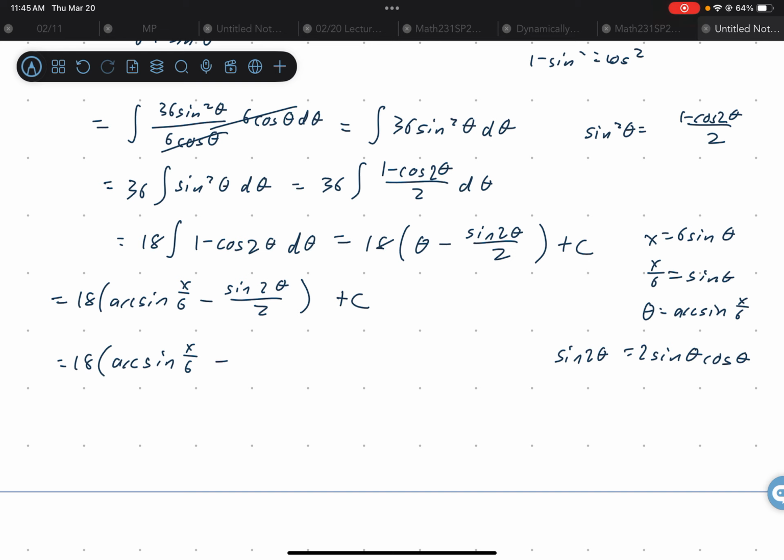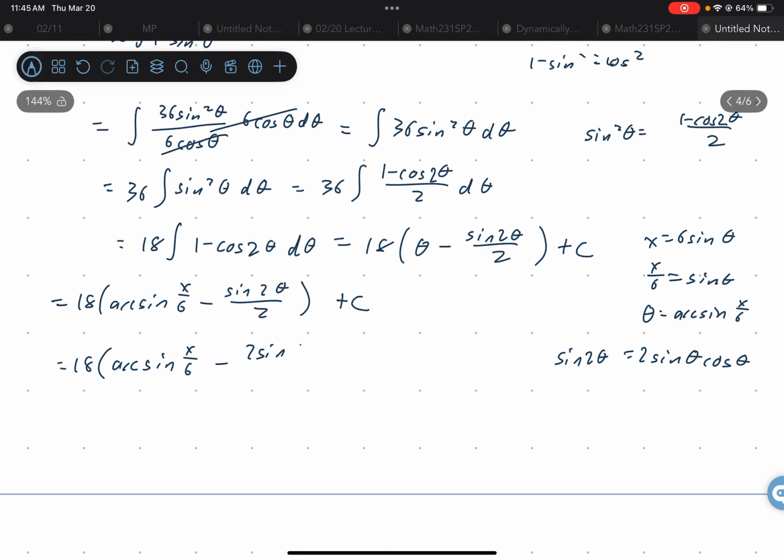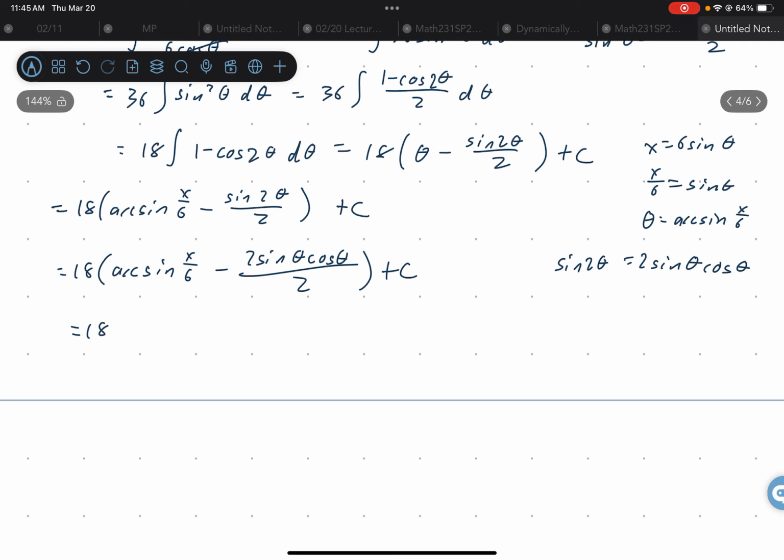This is because putting sine 2 arc sine x over 6 is not great. You can, but here we're just going to use more trigonometric identities. I'm going to be using them a lot, and unfortunately I'm not the greatest with them, so that's my bad. But we'll keep writing this: 18 times arc sine of x over 6 minus sine theta cosine theta plus C.